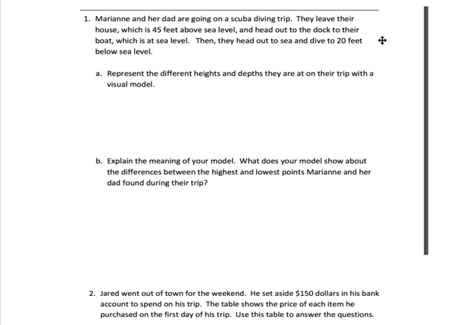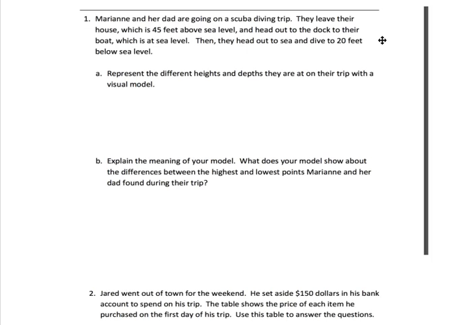Represent the different heights and depths they are at on their trip with a visual model. Visual model means, and if you are going above sea level and below sea level, remember which type of a model you need to use. You're drawing a number line, but is it going to be horizontal or vertical? And after you represent that information, then for part B, you're going to explain the meaning of your model.